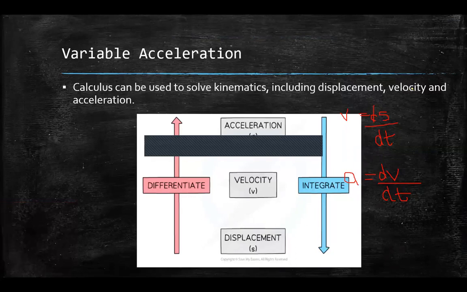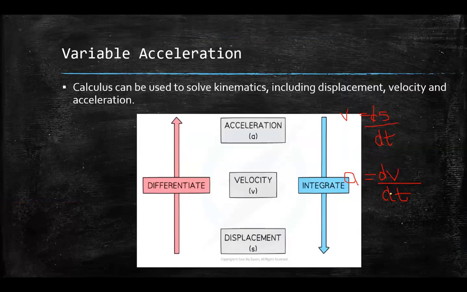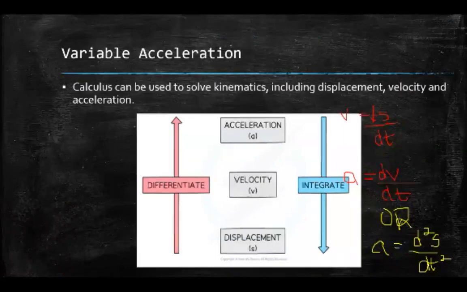Okay, so acceleration is dv on dt, v is ds on dt. But for acceleration, you can also say that it is equal to the second derivative, d2s on dt squared.